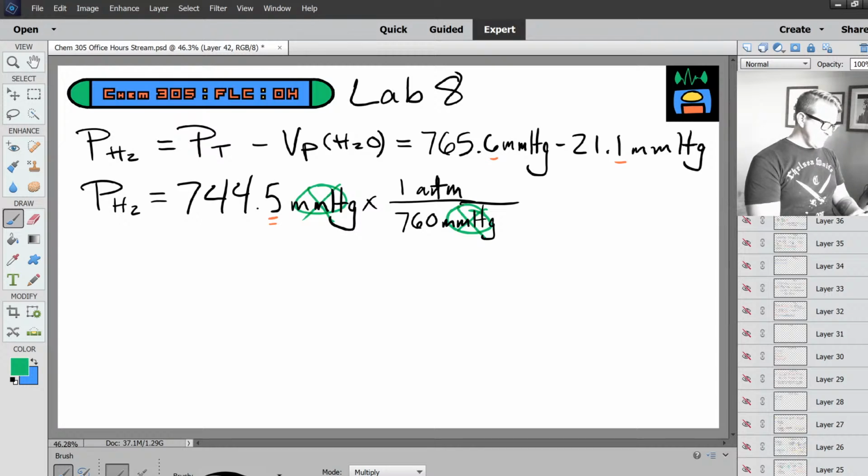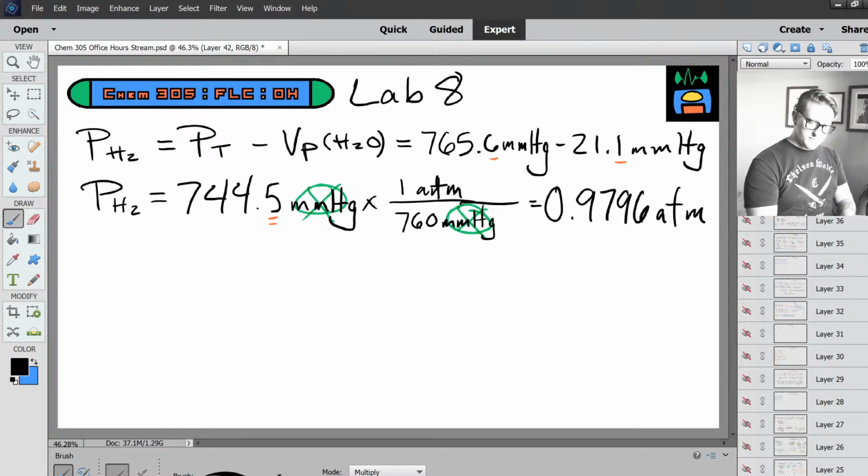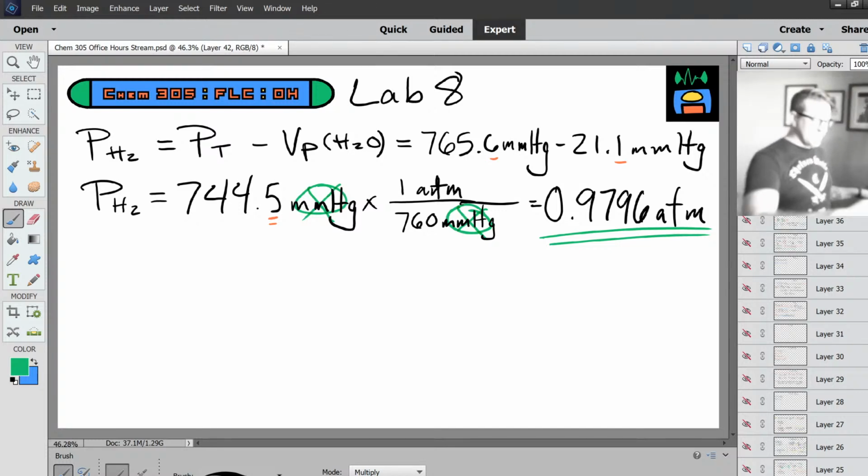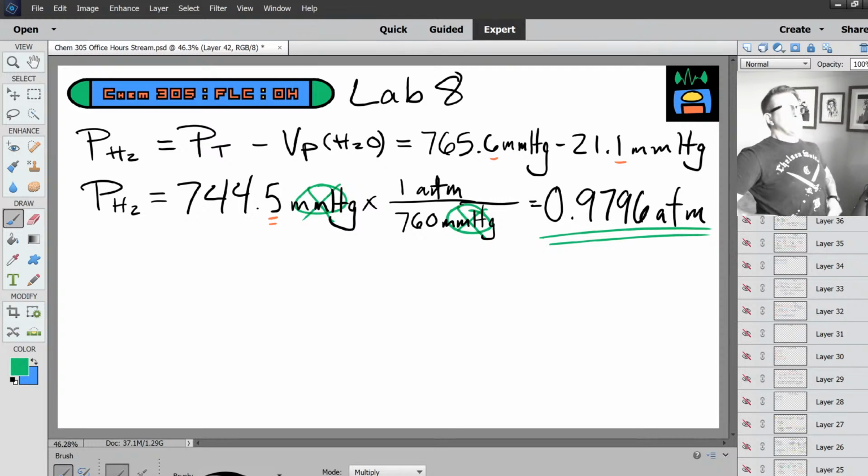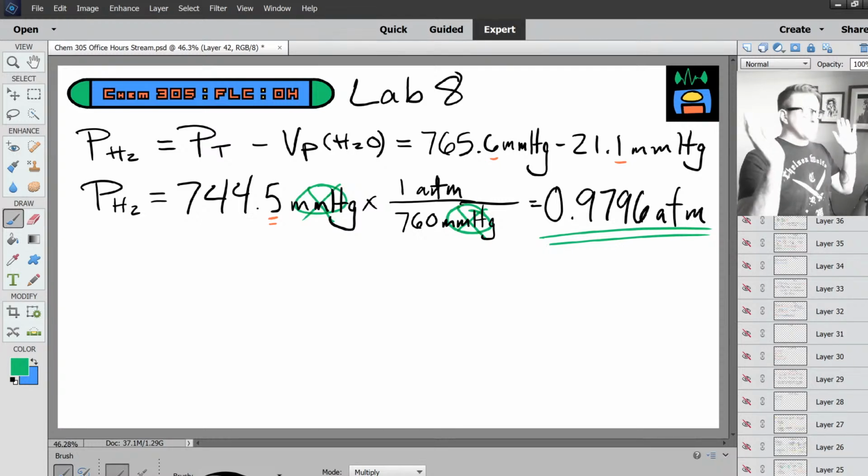You divide by 760, and then your answer comes out to be 0.9796 ATM, which is a totally normal atmospheric pressure. It's good that you have that intuition of like, whoa, I've never seen a pressure as high as 700. But then when you convert the units, it actually isn't that crazy.